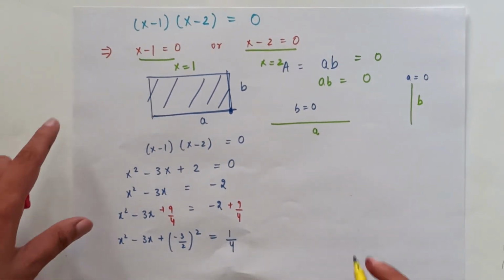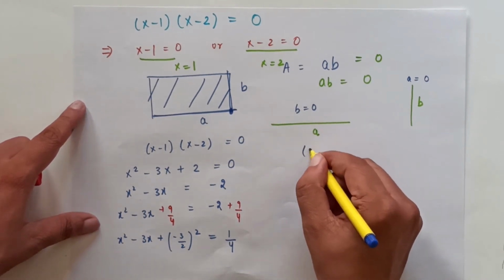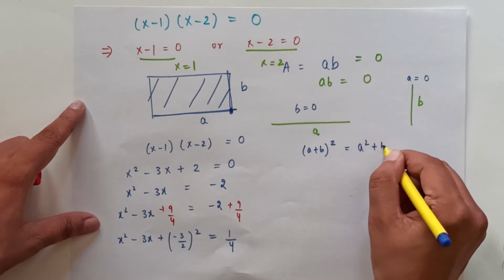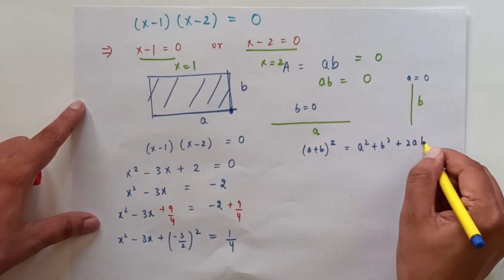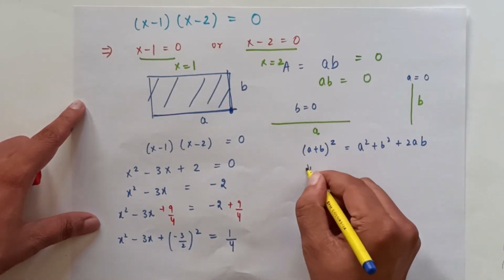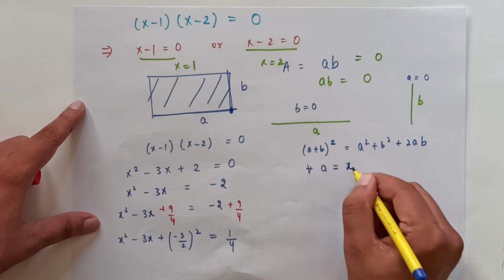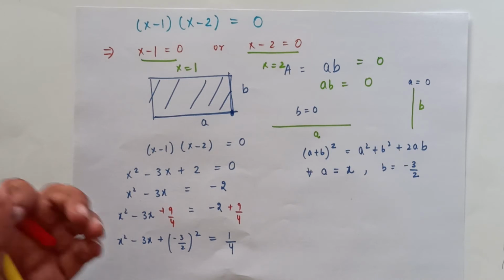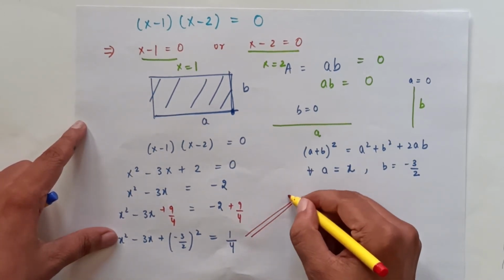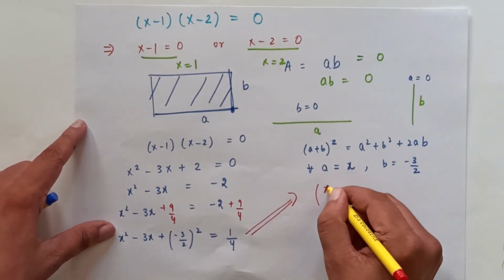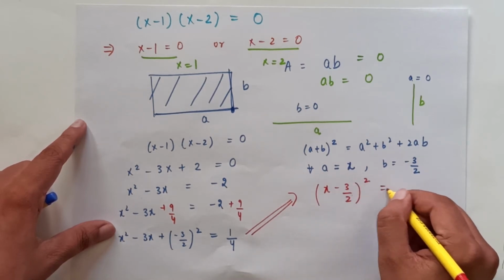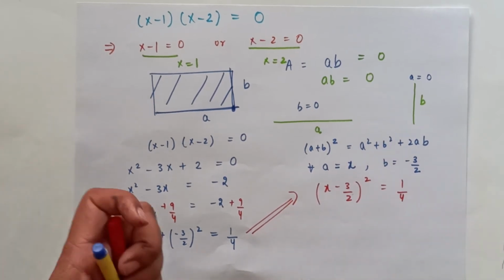Now we know an identity that a plus b whole square is a square plus b square plus 2ab. In our scenario, a is x and b is minus 3 by 2. So this whole expression, according to this identity, can be converted as x minus 3 by 2 whole square is equal to 1 by 4.